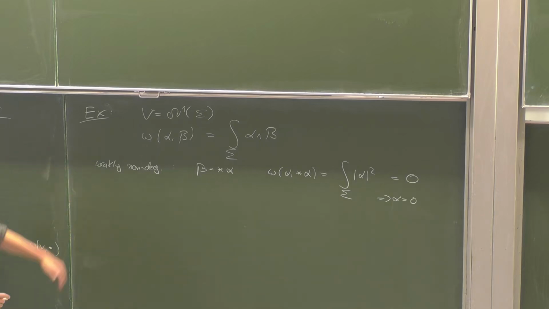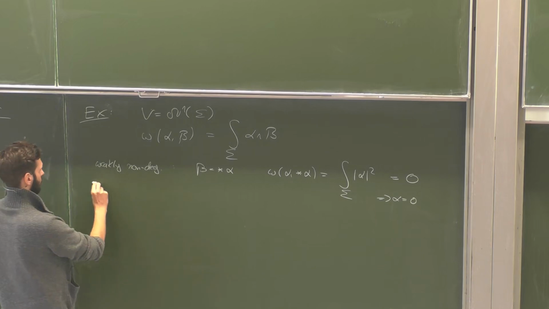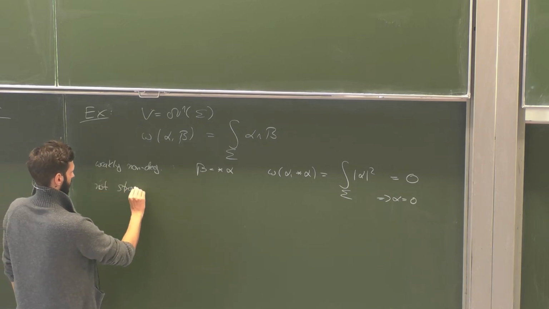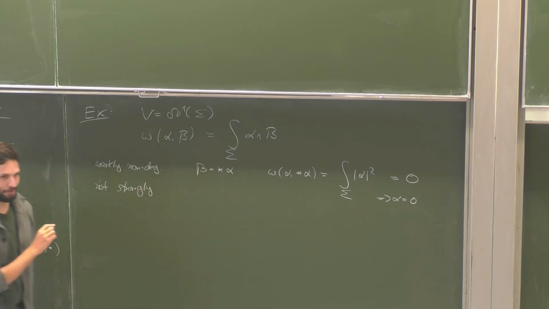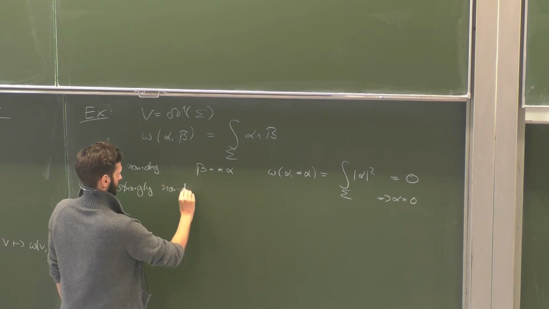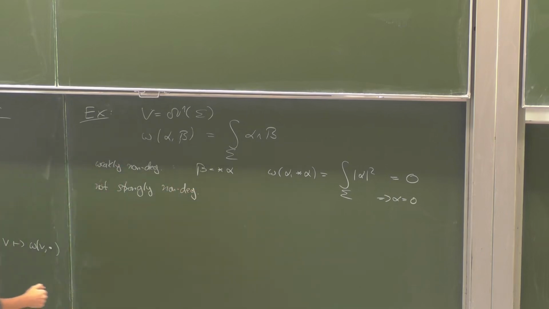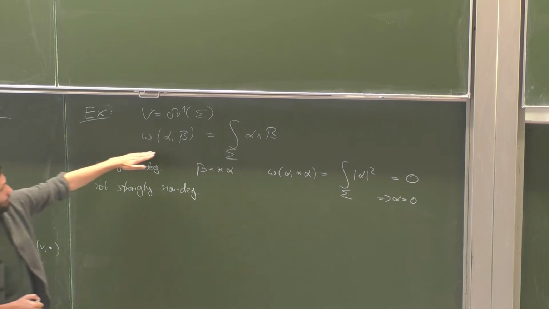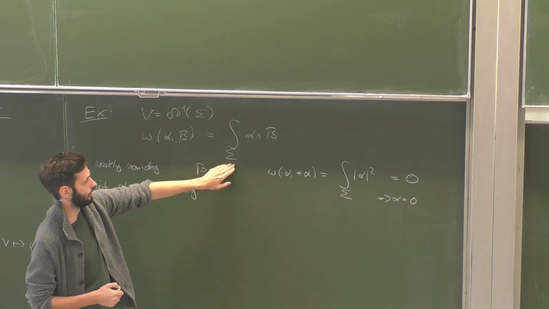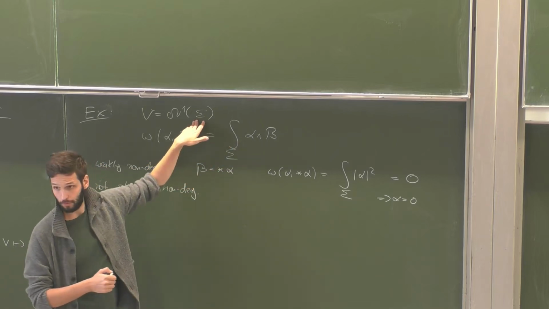So it's weakly non-degenerate, but it's not strongly non-degenerate. If you look at the one forms, you get some kind of distributional dual. But if you look at this map, essentially you only get things that you get by pairing with a smooth one form.